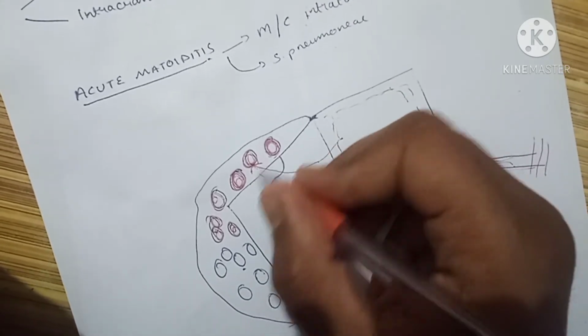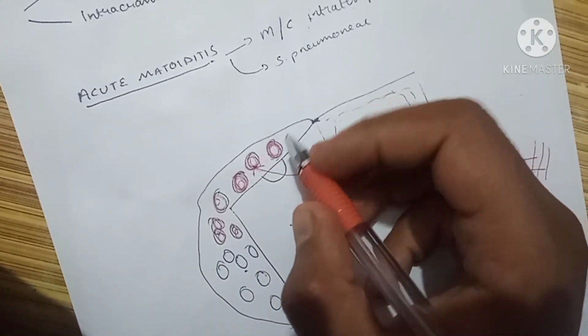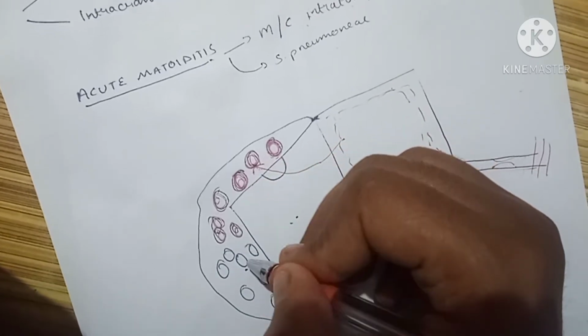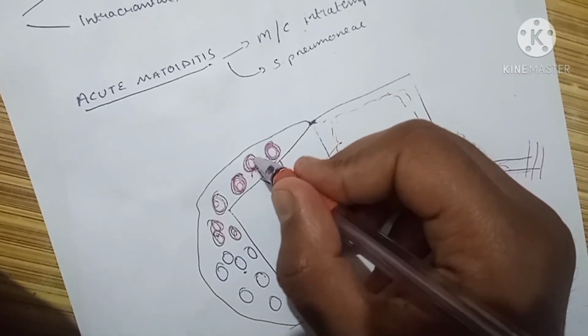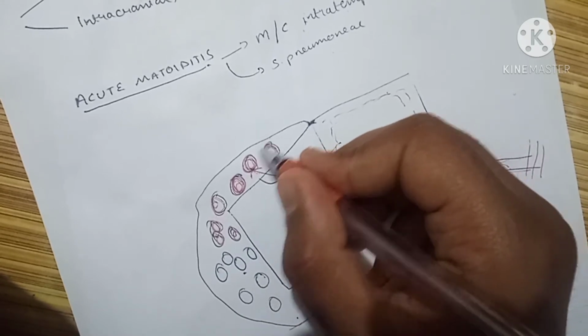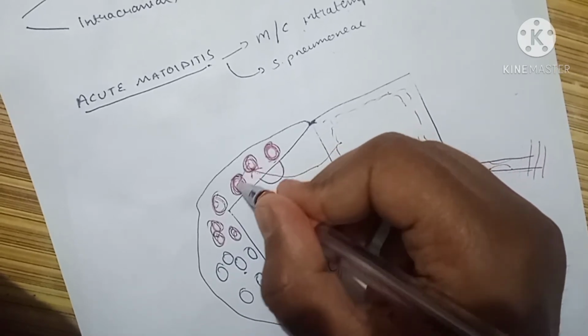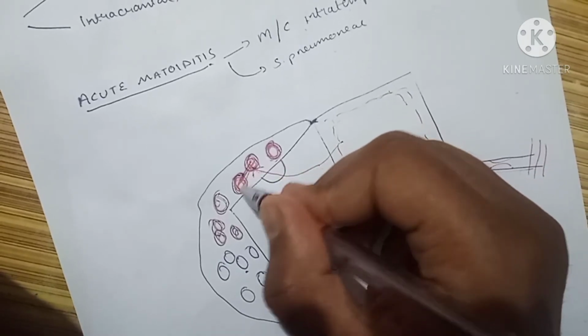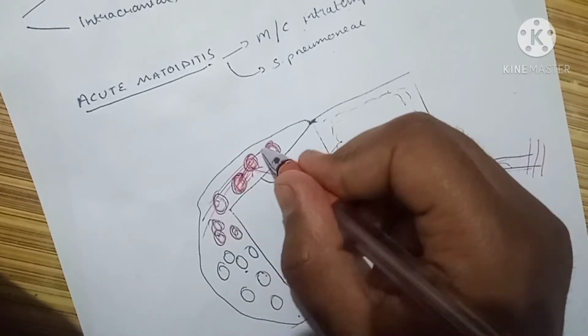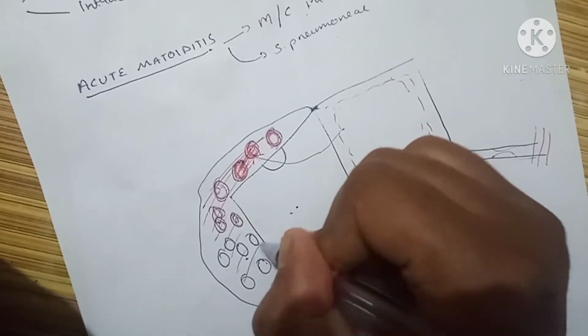This local acidosis leads to decalcification within the mastoid cavity. The bony septas that separate these mastoid cells are broken down, and finally this whole cavity is converted into a single cavity filled with pus.